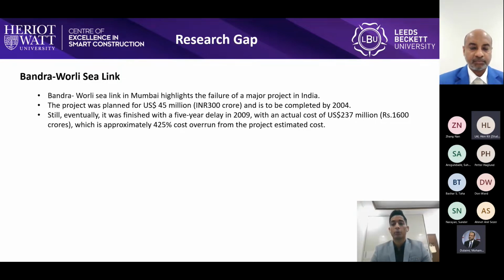Now, this delay can be due to multiple reasons, which can be inadequate workforce, improper experience of the team, availability of almost no technology to execute this kind of a project. It can have multiple reasons for the delays, but this was one of the major projects which failed because of improper planning and scheduling and improper communication between the project team.